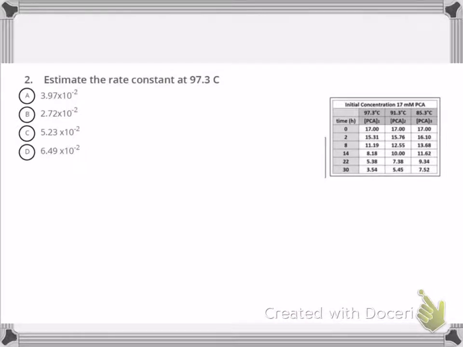Okay, so the second question is about calculating the rate constant at 97.3 degrees Celsius. We just did that in a way because we needed to know, was it zero, first, or second order. So to do that, we calculated the rate constant. So we know it's first order.